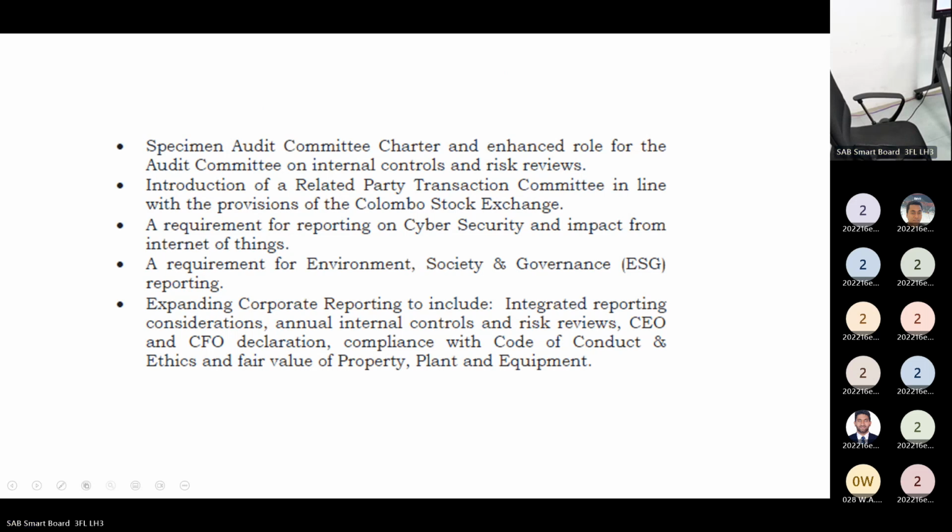So this is all for the corporate governance part. The main thing is to know the key areas covered by Sri Lankan corporate governance. That's all. So that's the end.